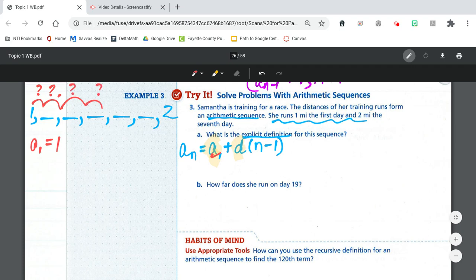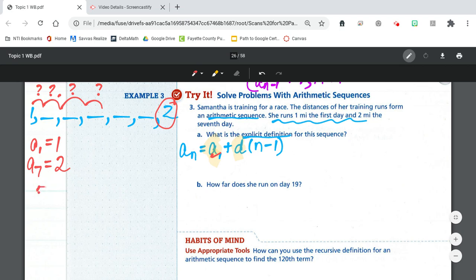Now, they didn't give that information to me. I could sit here and try to figure out the pattern. That's one option. My other option is to use what I know about on the 7th day. I know that on the 7th day, so A sub 7, she runs 2 miles. So I can use that information and solve for the common difference. That's one option.